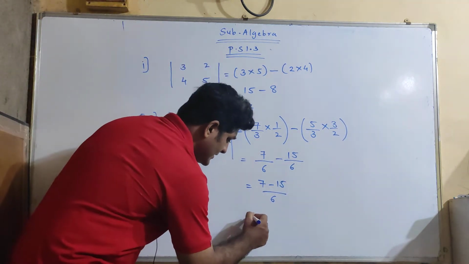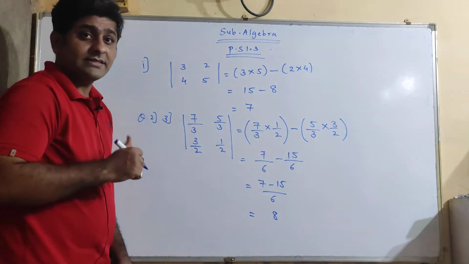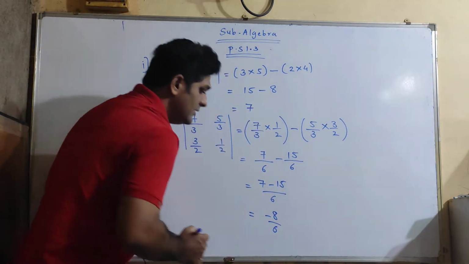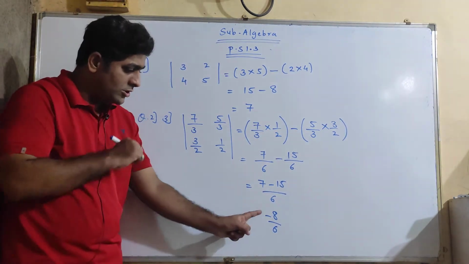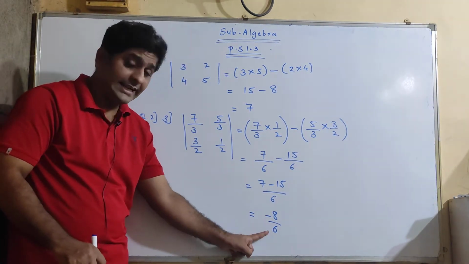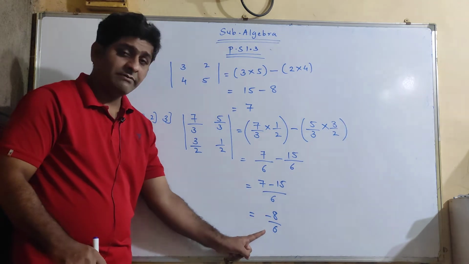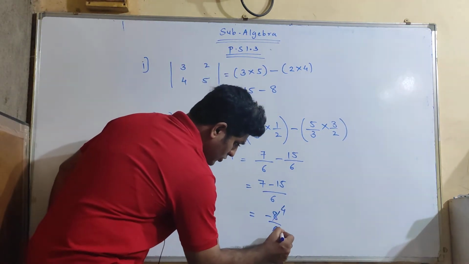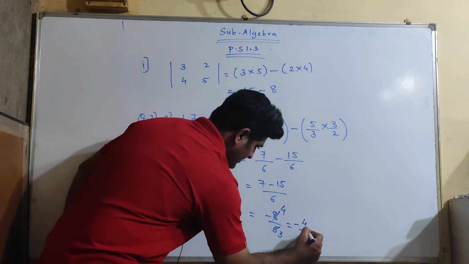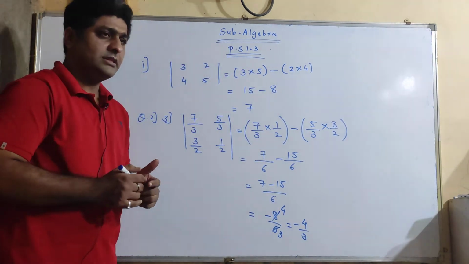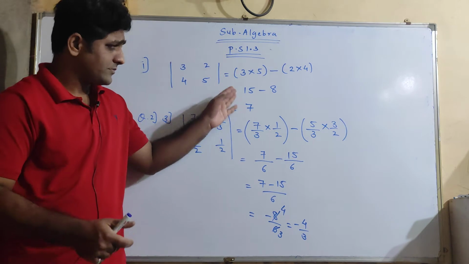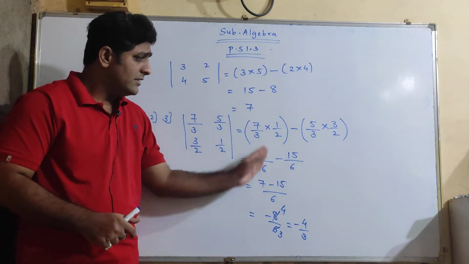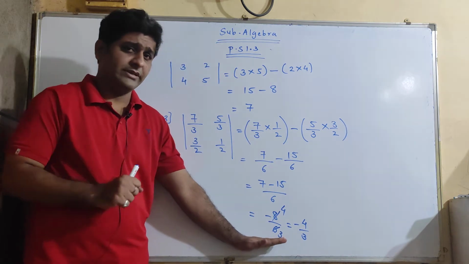So the answer is 8, but with the sign of the greater number, so that will become minus 8 upon 6. Also students, we notice that 8 and 6 are divisible by 2. So 2 fours are 8, 2 threes are 6. So the final answer is minus 4 upon 3. So students, this is how we can find the value of determinants.